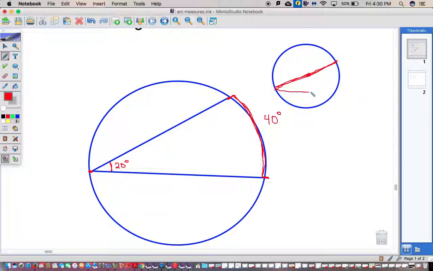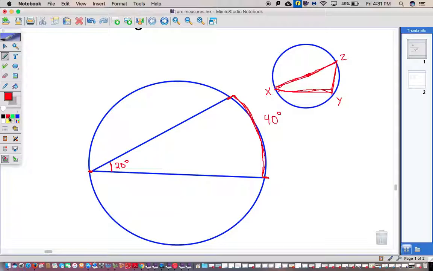And then let's draw an inscribed triangle. This is a great one for us to talk about. Let's say that this is X, and this is Y, and this is Z. And we see here that XZ is a diameter.